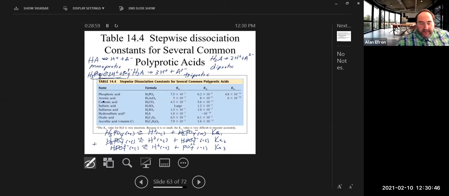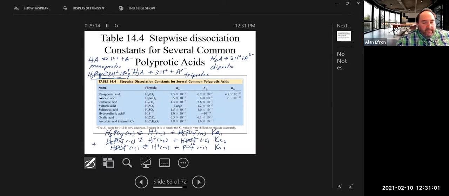So sometimes we think about these things as, oh, they must all drop off right away. All three of them must come off because we think about the overall reaction, but it really is a stepwise reaction where we have each of the H's coming off one at a time.